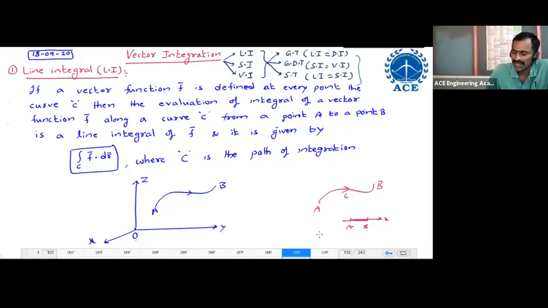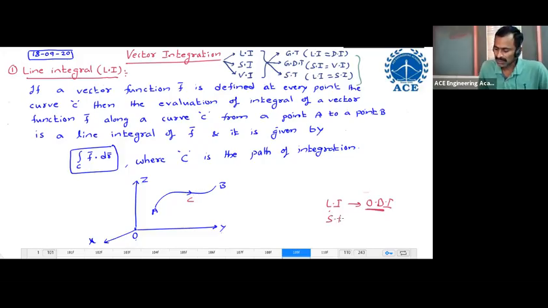Whenever the path is along the x-axis, y-axis or z-axis, line integral and single integral are both the same. If the path is in space, then the line integral is different from the ordinary definite integral. Because the curve is in space, we cannot directly evaluate the line integral. We try to convert the line integral along the curve in space to an ordinary definite integral using the equation of the curve, and then we evaluate.